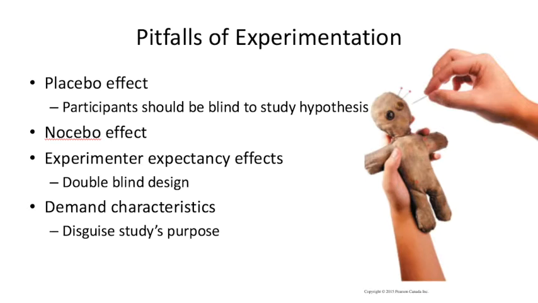So any outward sign to participants related to what the hypothesis might be or what the researcher is expecting to find might actually make participants in the study behave and or disclose symptoms or behaviors that fit with the expectations of the research.